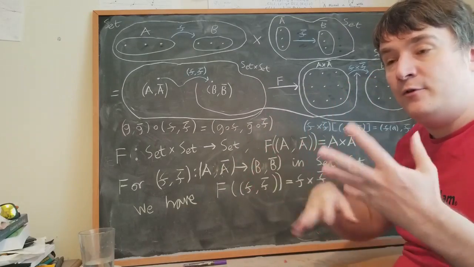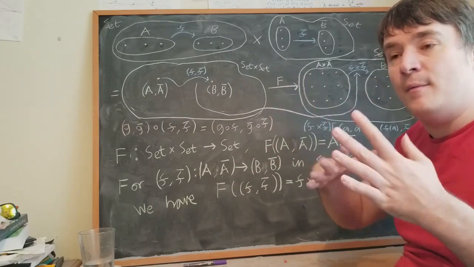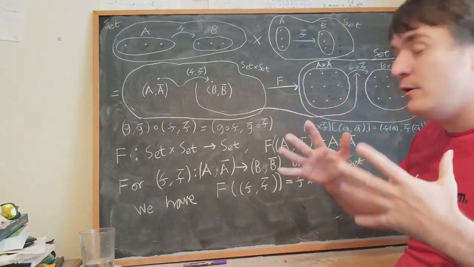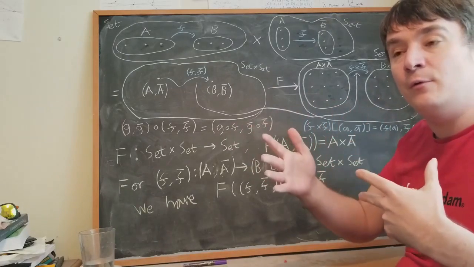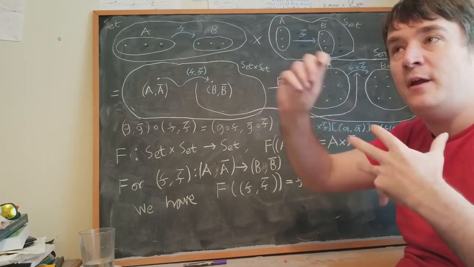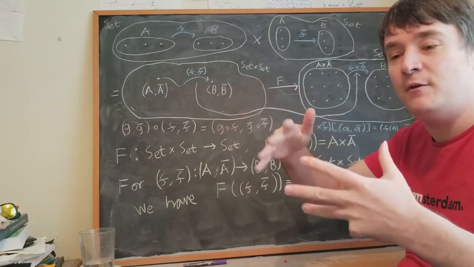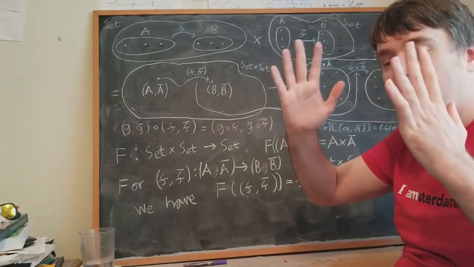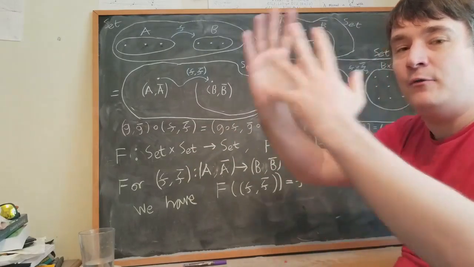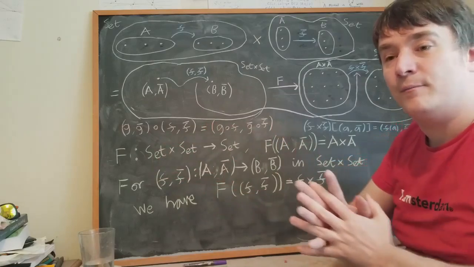It's just a few algebraic manipulations, and you can show that this satisfies these two laws of a functor: that the composition of images is the image of the compositions, and that it maps identity arrows to identity arrows.